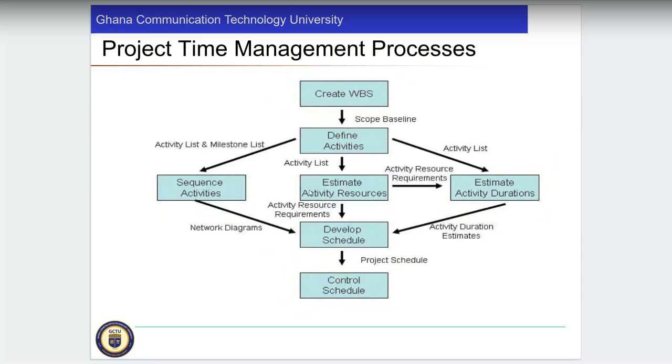You estimate activity resources: how much money is going into this, how much time, how many people we need on a particular project. Then you estimate activity durations, develop the schedule, and control the schedule, just to avoid creep or failure in the project.